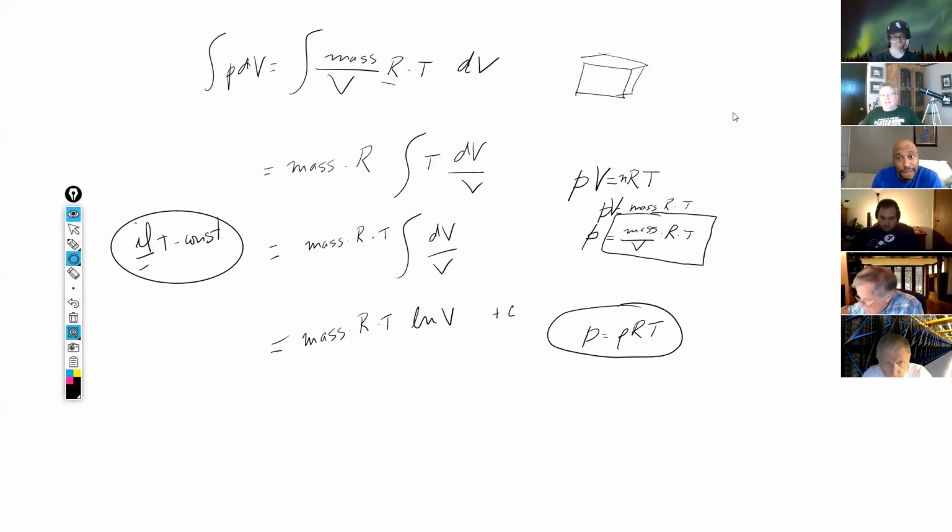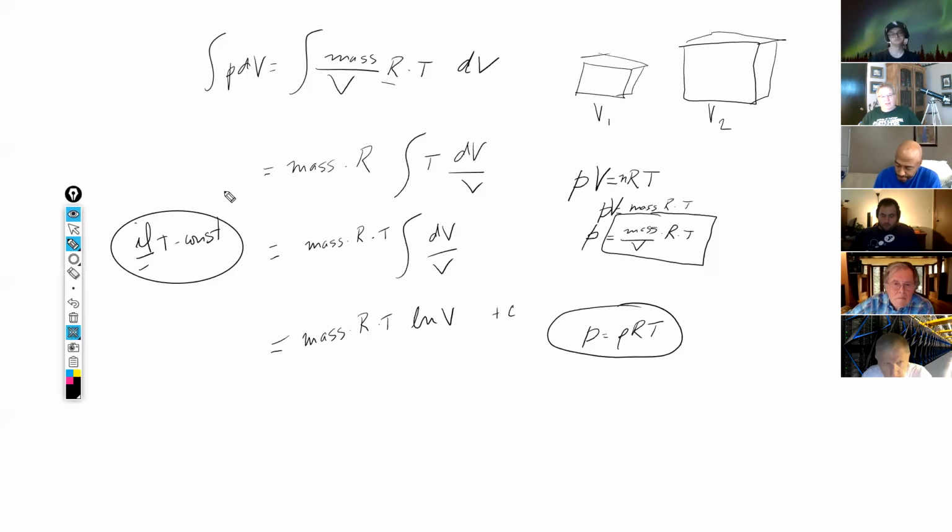So what I'm saying is, if I keep this box at constant temperature, and I change its volume from here, that's not what I want. Do you agree that this is volume 1 and this is volume 2?